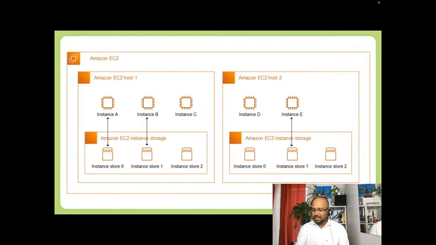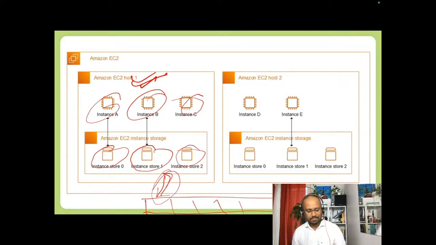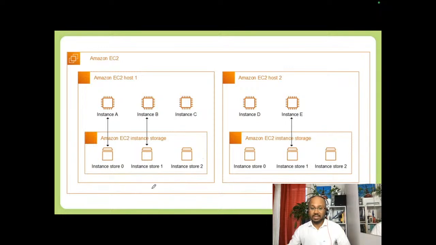Here, instance storage comes directly from the host where we have this EC2 instance, whereas network storage, this hard disk, is network attached with our host. So there is some performance impact, not so huge, but of course there is.